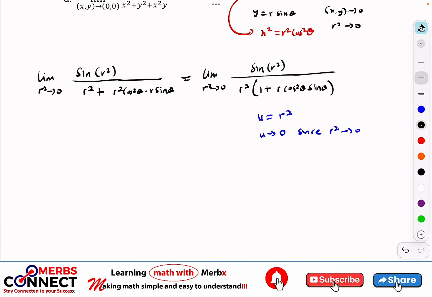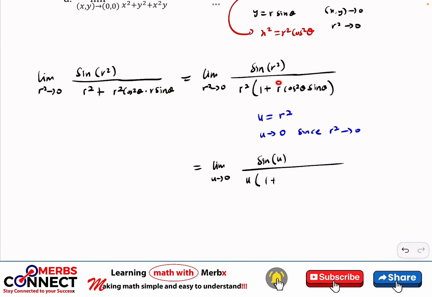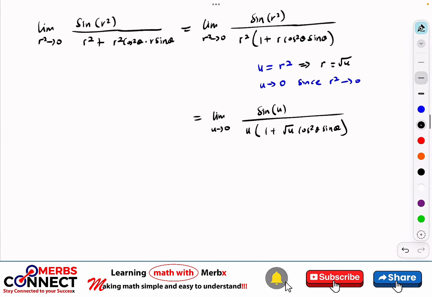So it means that this is going to give us the limit as u approaches 0 of sine u divided by u, over 1 plus. Now this is r, so we need to change r. Making r the subject gives us r is equal to the square root of u. So we are going to have square root of u, then cos squared theta sine theta. Beautiful.